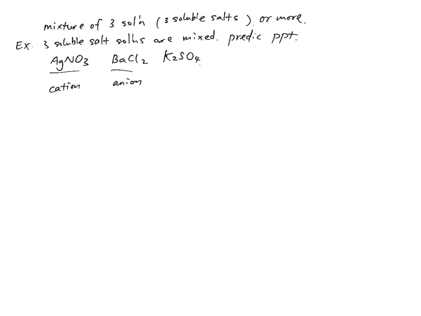Okay, what are the positive ions in these three solutions? There's the silver ion, there's the barium ion, and there's the potassium ion. And then the anions, we have the nitrate ion, -1, chloride ion, -1, and sulfate ion, -2.